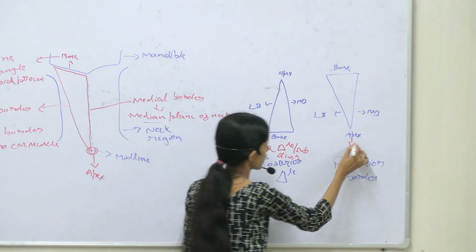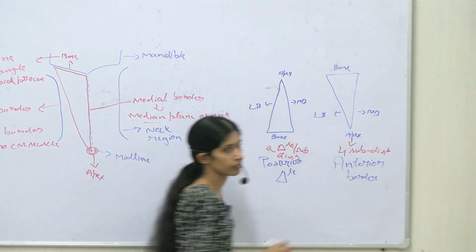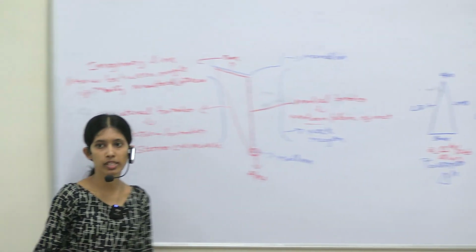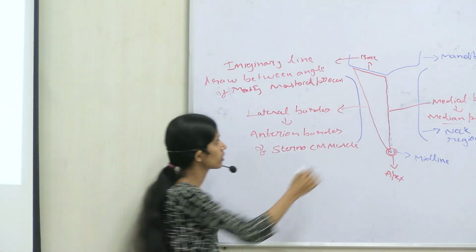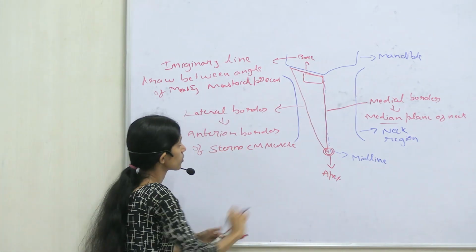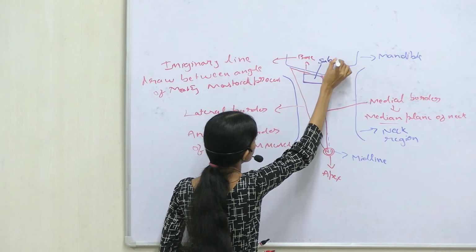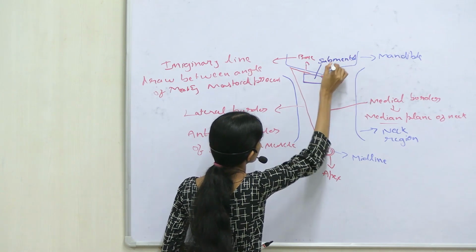In anterior triangle, we have 4 subdivisions. Okay, the one present below your chin part, that is somewhere here, it is called submental triangle.